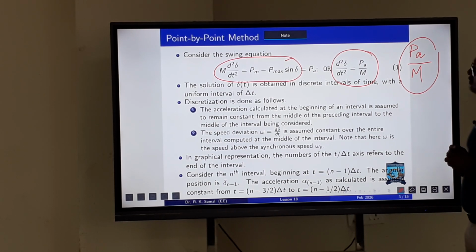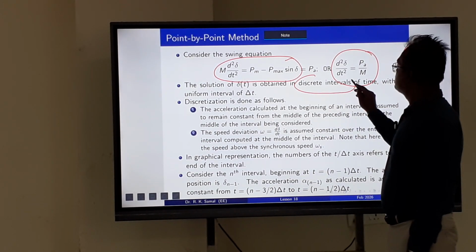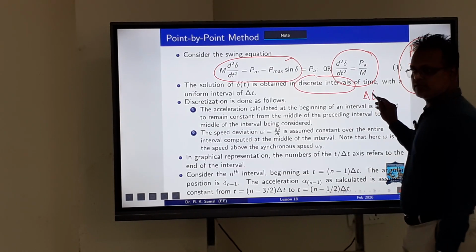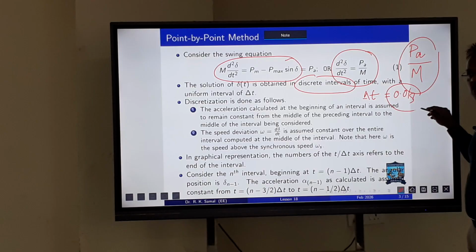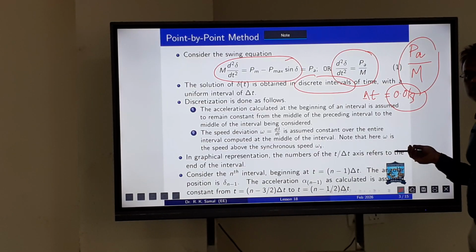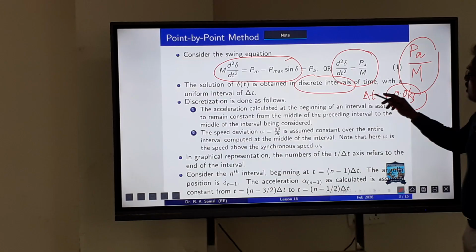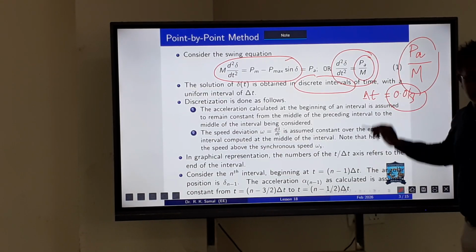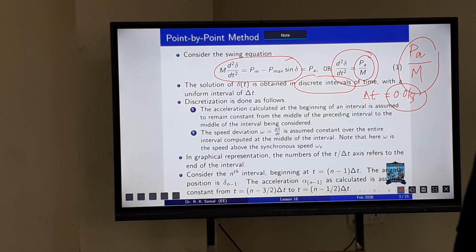We take a small step size, say 0.01 second. That is how we are going to solve. Now, why is this integration not possible? Because the accelerating power changes at every step.